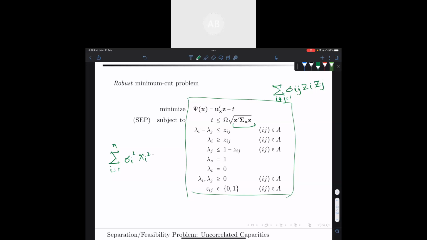Because sigma ij is 0 and you only have a diagonal matrix.